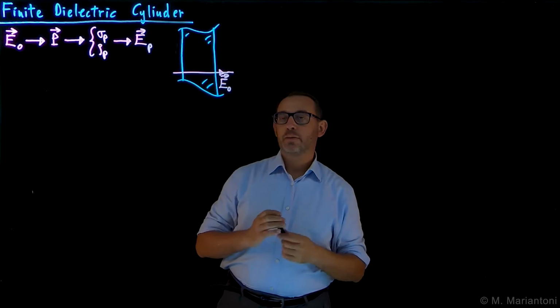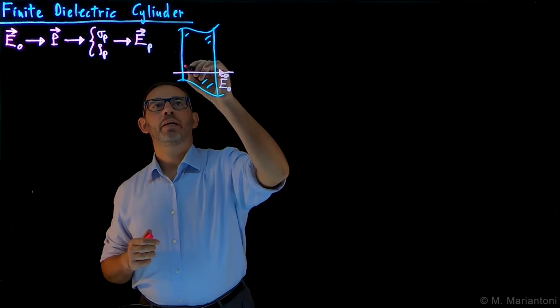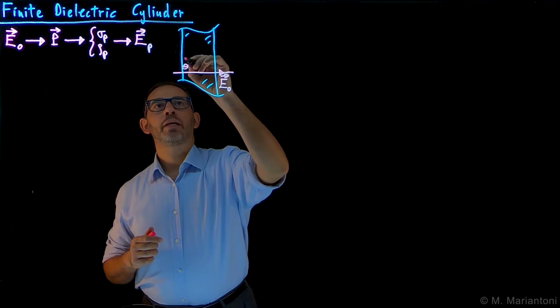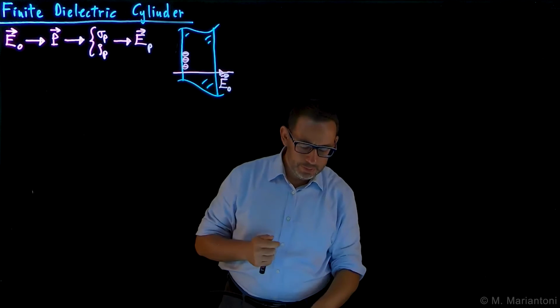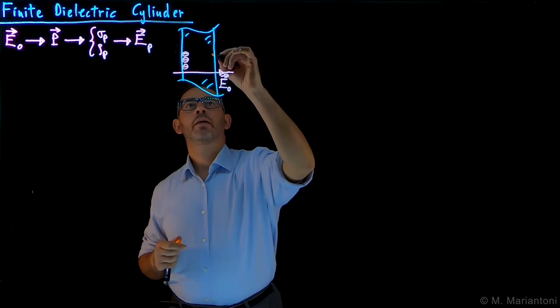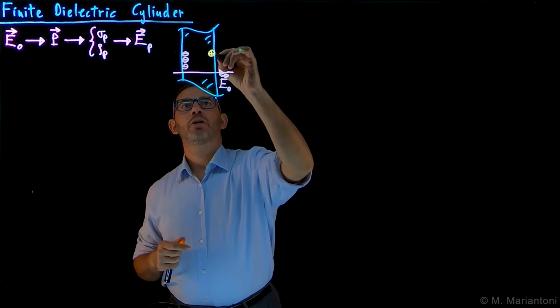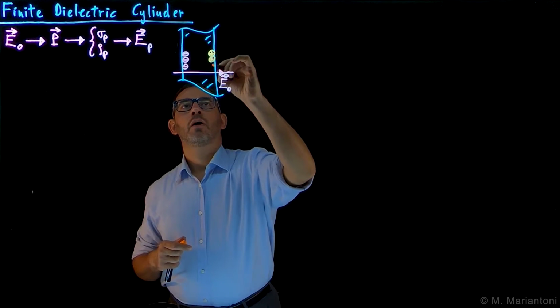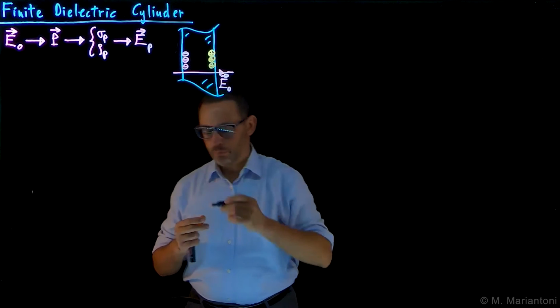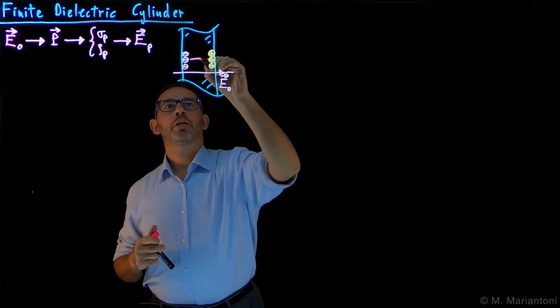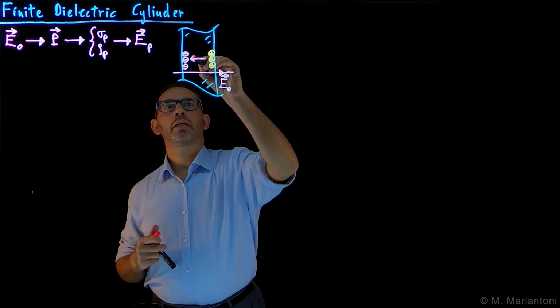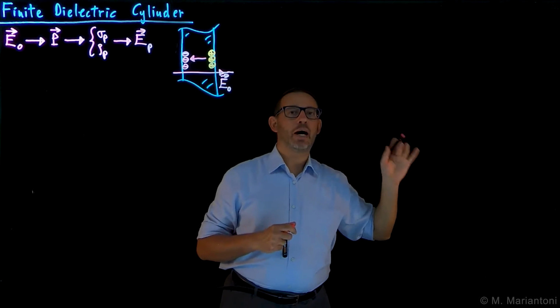Then, as I said, negative charges begin to migrate and accumulate on the left-hand side of the dielectric material or conductor. Similarly, there will be positive charges left on the right-hand side. As a consequence, this generates a reaction field, which in the case of conducting materials we call ER, reaction.